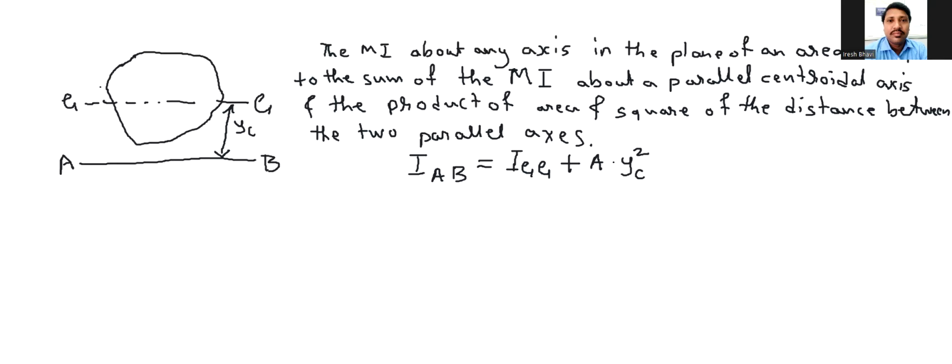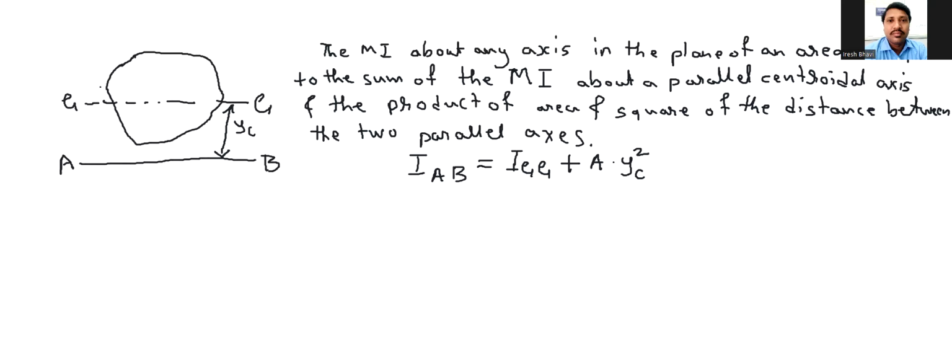That is, IAB is equal to IGG plus A into YC square, where A is the area of this figure and YC is the distance between the two parallel axes, that is the centroidal axis GG and the reference axis AB. This is called the parallel axis theorem.